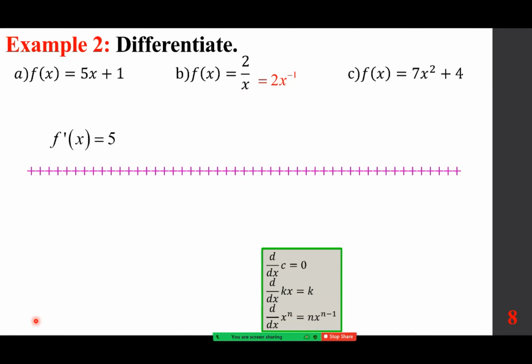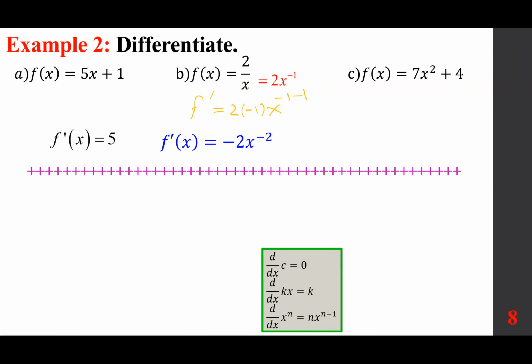So now f prime is 2 times negative 1, x to the power of minus 1. We're going to subtract 1 more, which becomes minus 2x to the power of negative 2. To rewrite it properly, this becomes negative 2 over x squared.